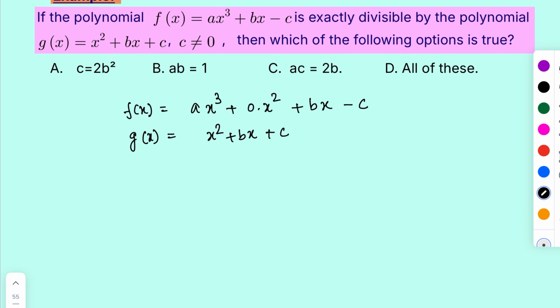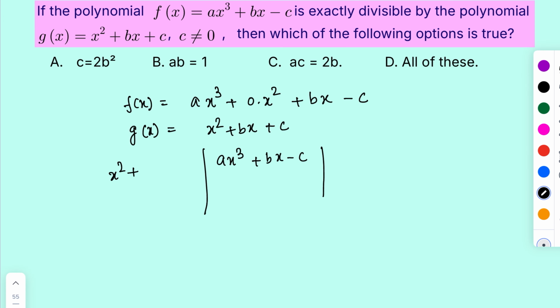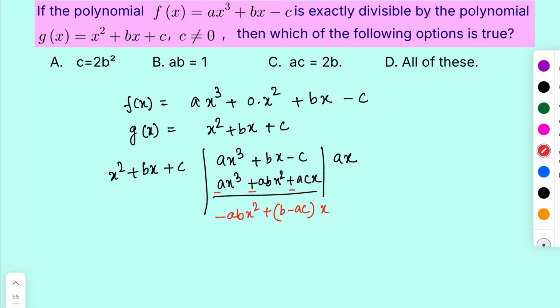Just go for division. We will get ax cube plus bx minus c, and if we divide it by x square plus bx plus c, we will get ax here. It is ax cube plus abx square plus acx. Now subtracting, we will get minus abx square plus (b minus ac) into x minus c.